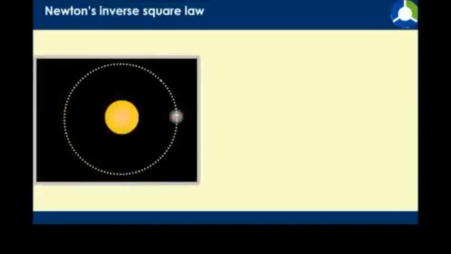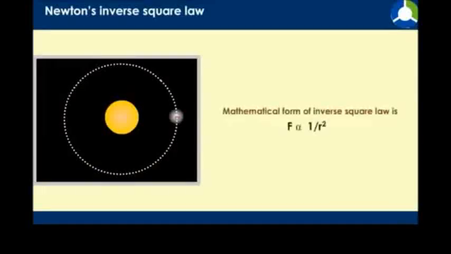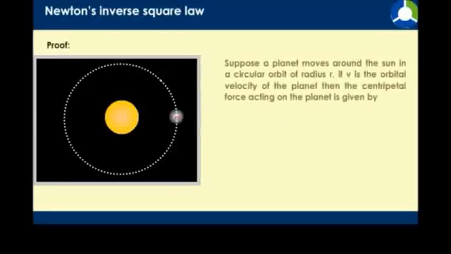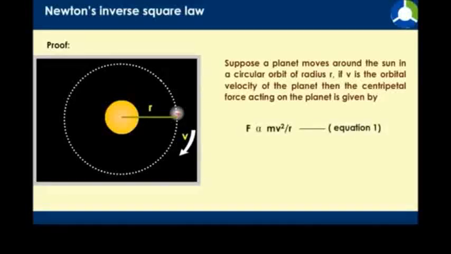Newton's inverse square law. The mathematical form of the inverse square law is F is proportional to 1 by r square. Proof. Suppose a planet moves around the Sun in a circular orbit of radius r. If v is the orbital velocity of the planet, then the centripetal force acting on the planet is given by F is directly proportional to mv square by r.